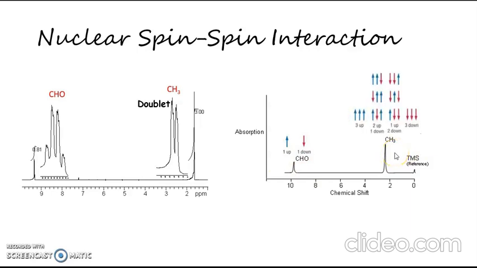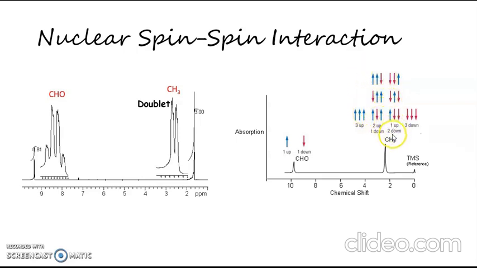align in 8 different ways, as shown in this figure. You can easily understand the three spins. They can all be in the upward position, then 2 up and 1 down. These 2 up and 1 down positions can arrange in 3 different ways. All are degenerate.